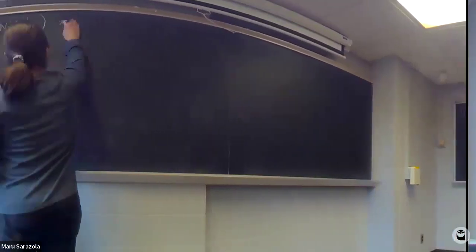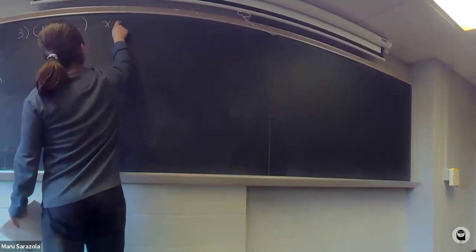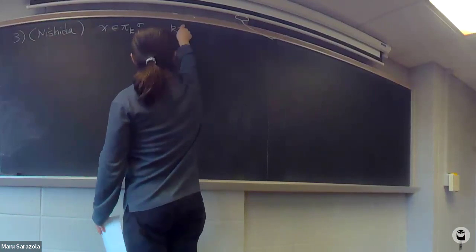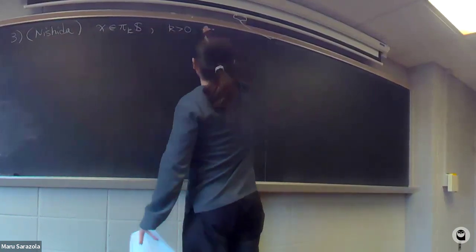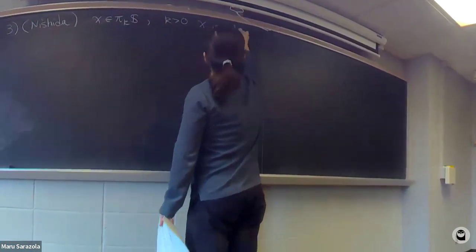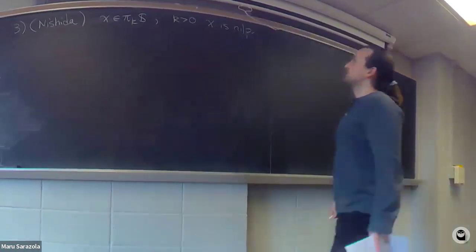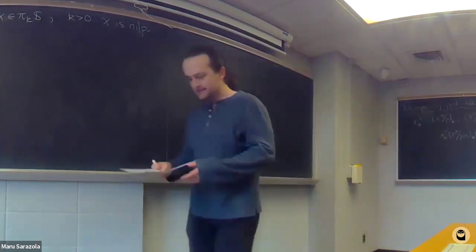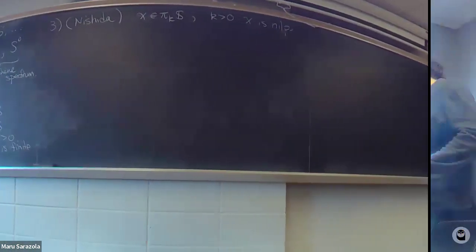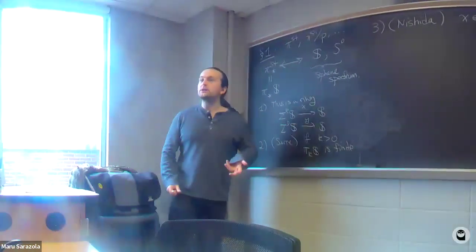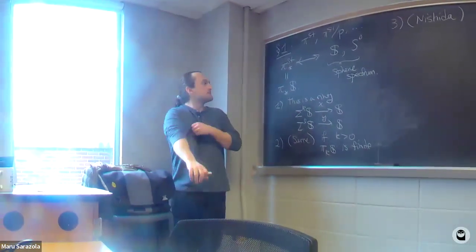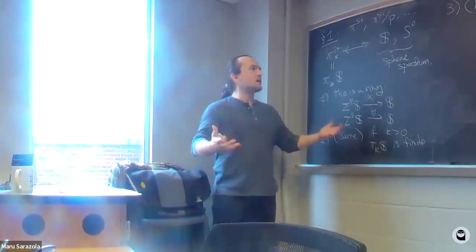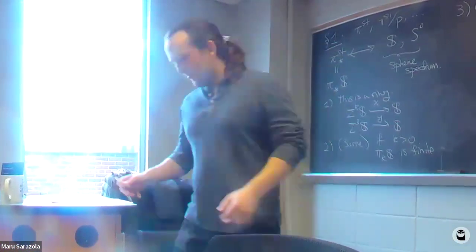So it turns out that any class, so given X in pi k of the sphere spectrum where K once again is bigger than or equal to 0, X is nilpotent. And this, for example, precludes the sphere spectrum from being a Noetherian ring or something like this. Okay, so this is not looking good. We know some stuff about these homotopy groups, but pi star of the sphere is not super well behaved.